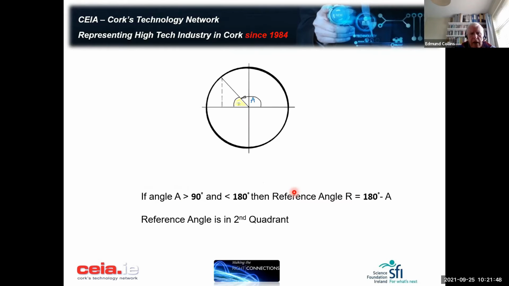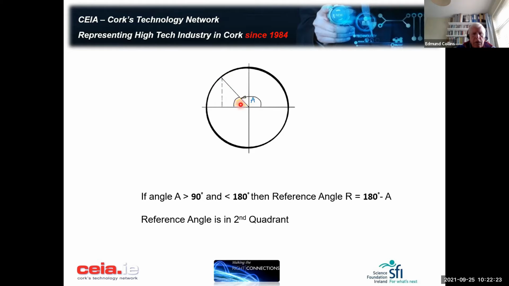But what happens if the angle in this case is greater than 90 but less than 180? So what you do is you move in this direction, counterclockwise. You're always working counterclockwise for these reference angles. You drop a line from the circumference down to the minus x-axis, and you trap this angle between the x-axis and the radius.